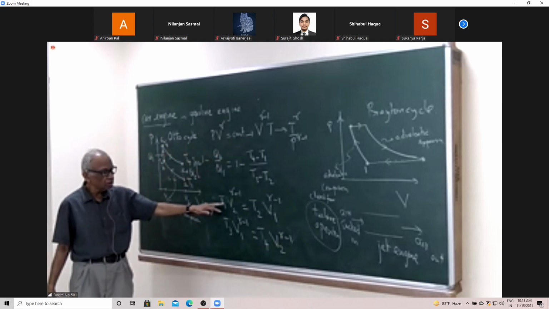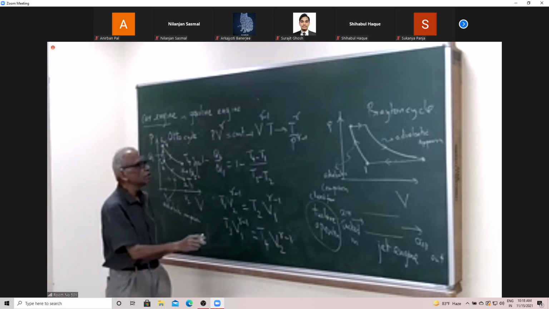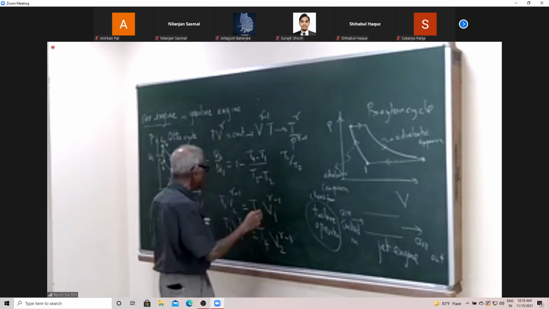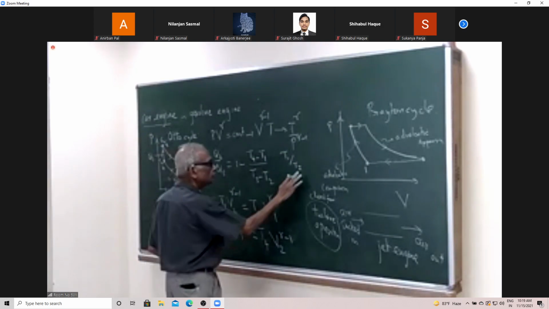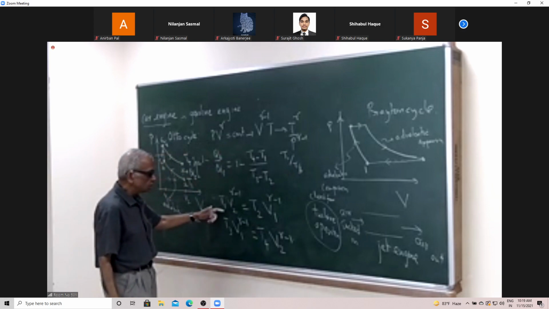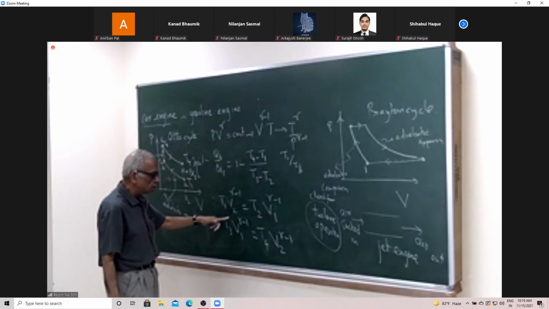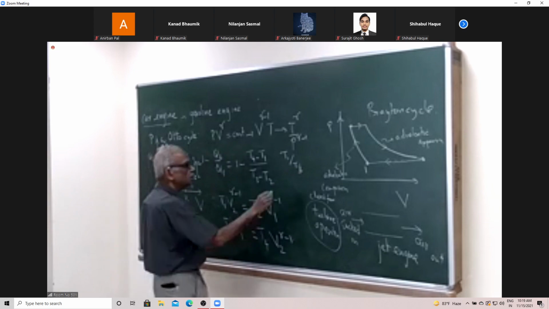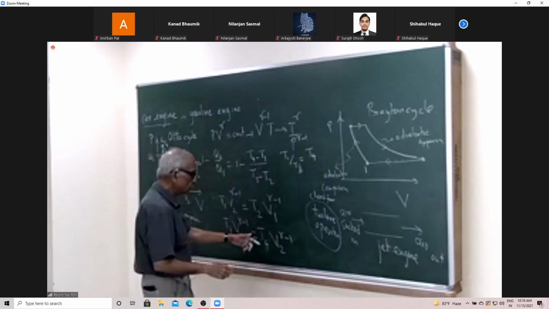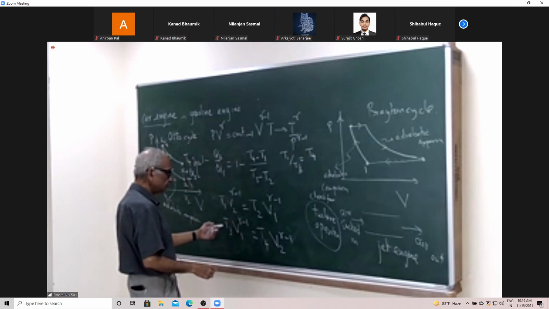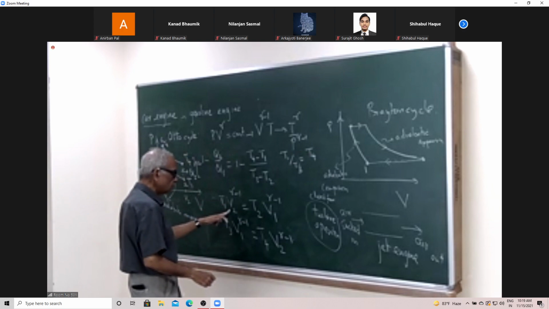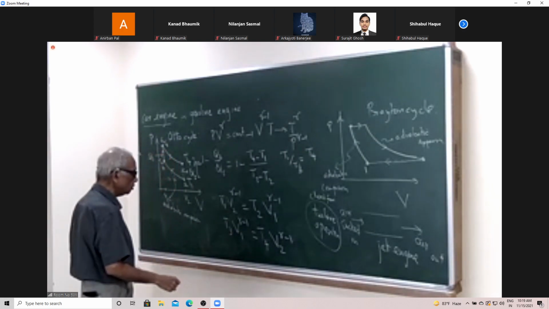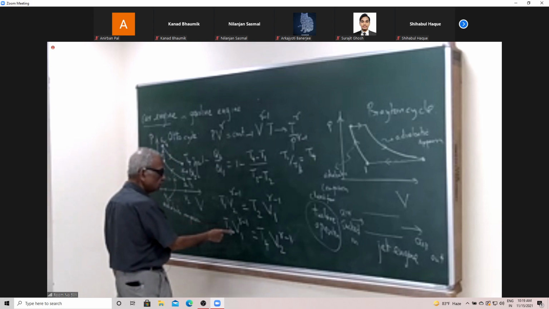If I look at T1 divided by T2, or rather T3, sorry, I take T1 V2 gamma minus 1 is T3 divided by this, V2 over V1 to the power minus gamma.